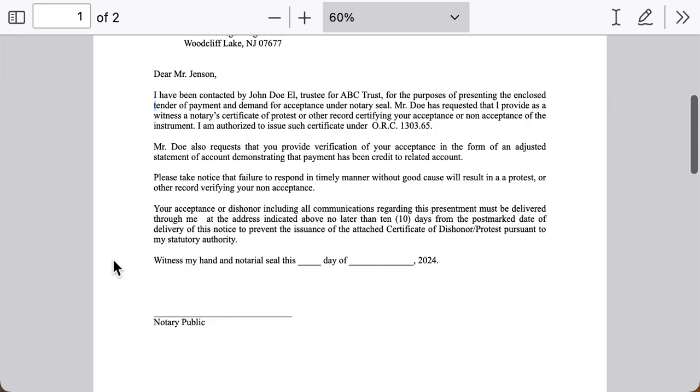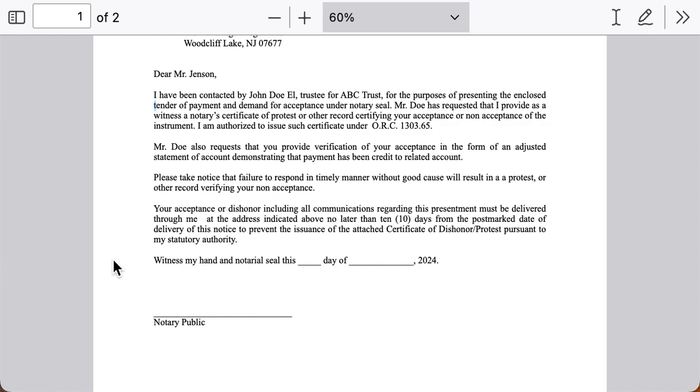Mr. Doe also requests that you provide verification of your acceptance in the form of an adjusted statement of account demonstrating that payment has been credited to the related account. Please take notice that failure to respond in a timely manner without good cause will result in a protest or other record verifying your non-acceptance.